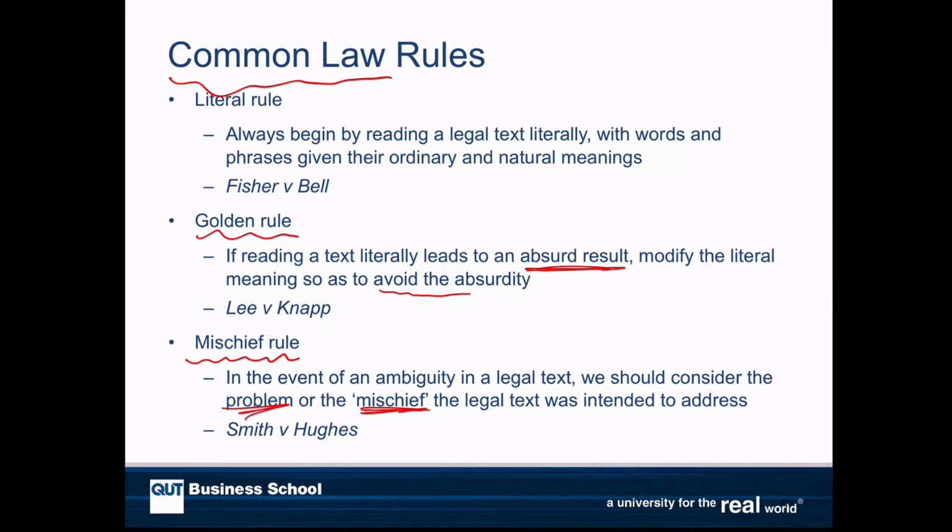So because they focused on the problem, the mischief, they interpreted what in the street would mean to stop that mischief. And so soliciting from the balconies above the street was considered within that definition.